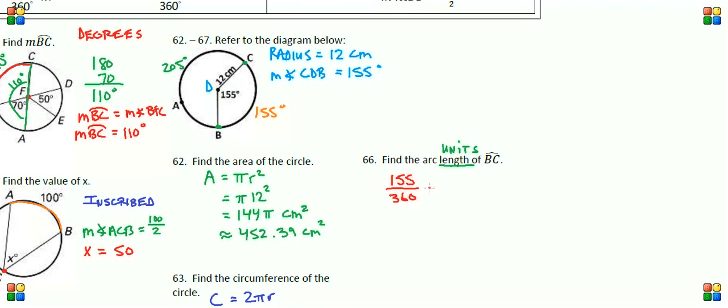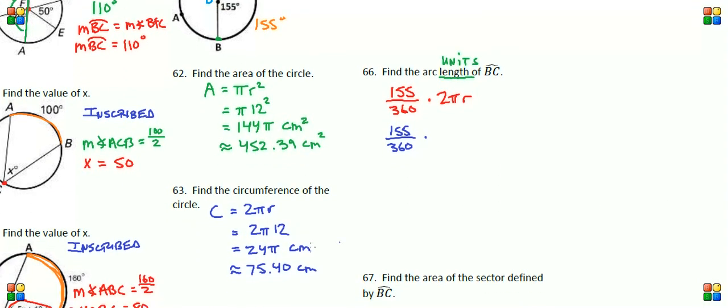And then we're going to multiply that by the actual circumference, which is going to be 2 pi r. So let's go ahead and rewrite this. We already figured out what the circumference was in 63. So we'll write 155 over 360 times the total circumference, which we figured out was 24 pi.